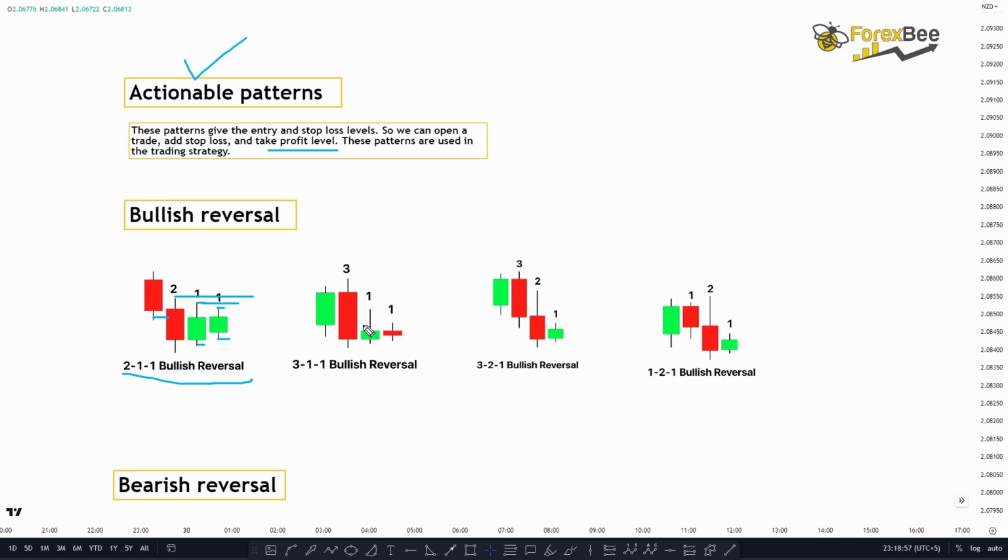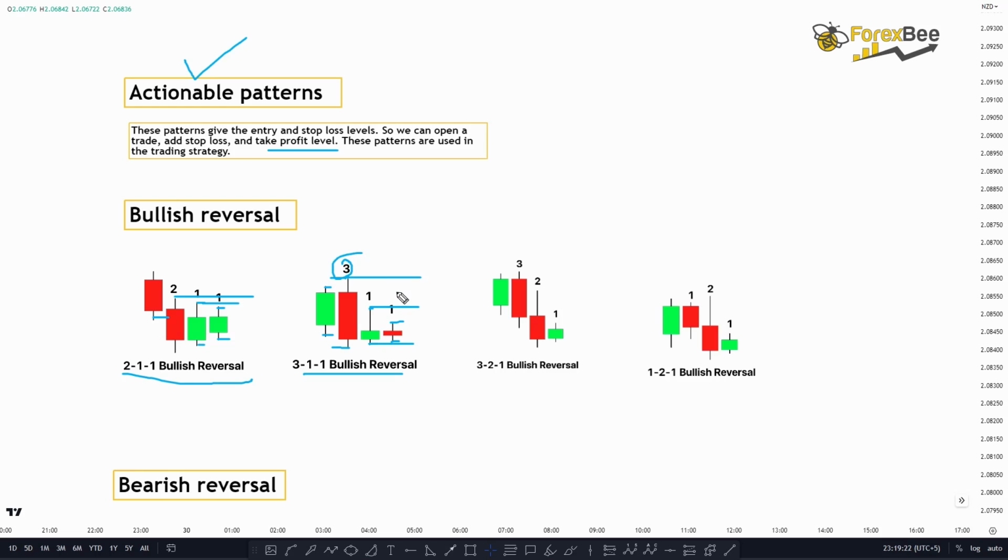And similarly, here we can see the 3-1-1 bullish reversal, which means that this is the outside bar that is engulfing this previous candle, and then the formation of these inside bars are the 1 and 1. What we can do is enter the trade here. We can add our stop loss at the low of this middle candle, and we can take profit at the high of this 3 candle.